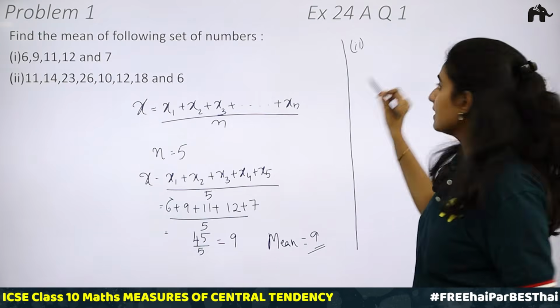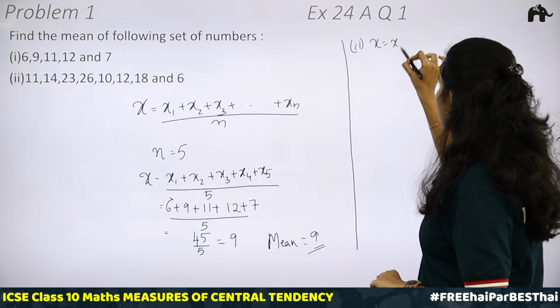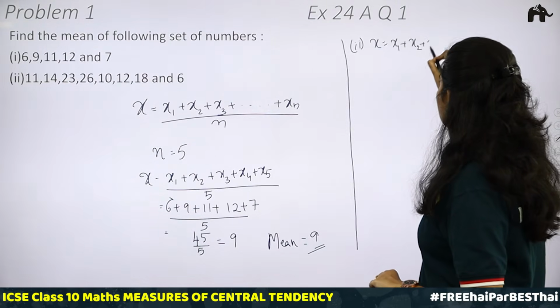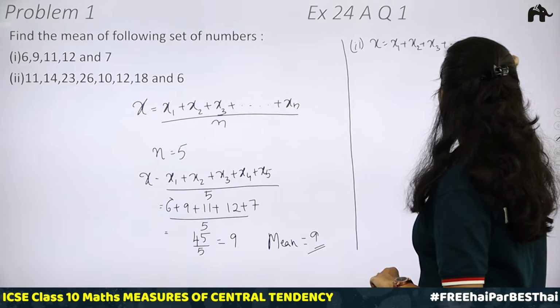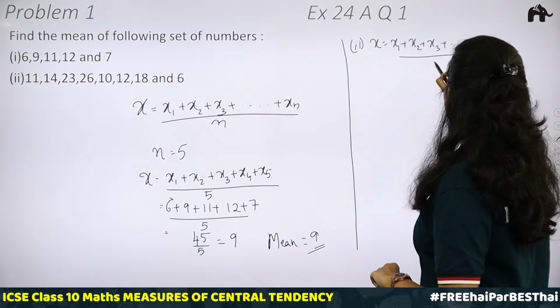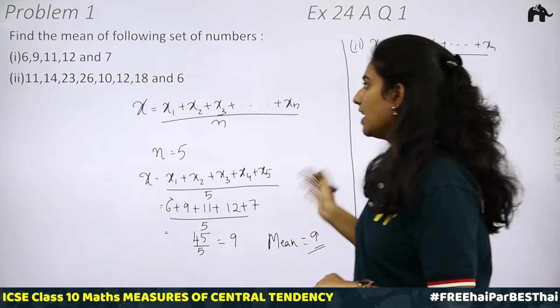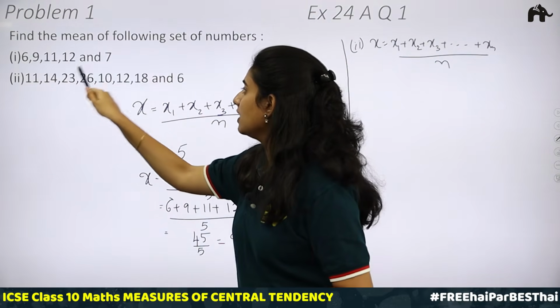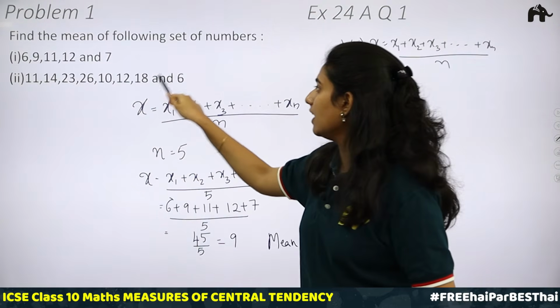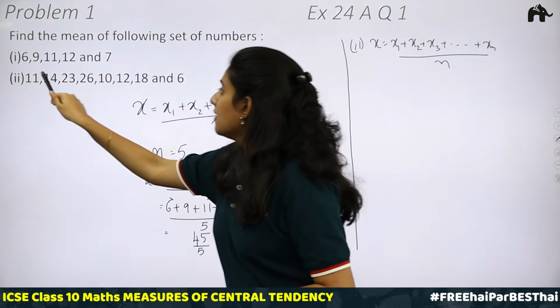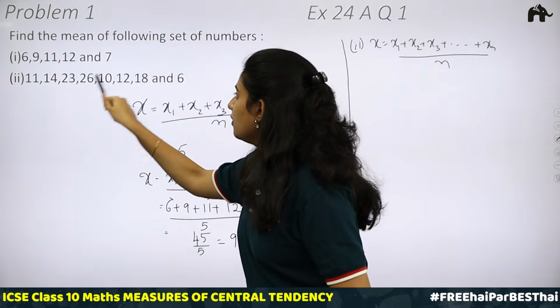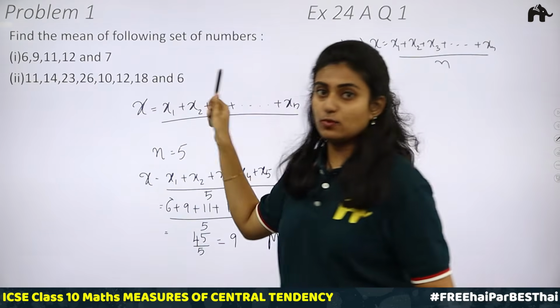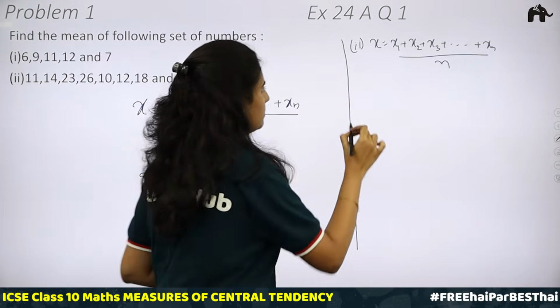Here again x is equal to x1 plus x2 plus x3 plus etc. plus xn whole divided by n. In this case, what is the value of n? Here we have 11, 14, 23, 26, 10, 12, 18 and 6. And 1, 2, 3, 4, 5, 6, 7, 8, which means n value is equal to 8.